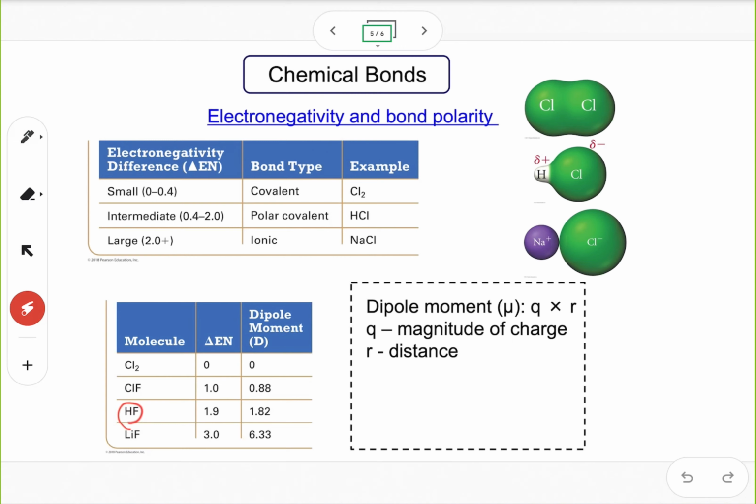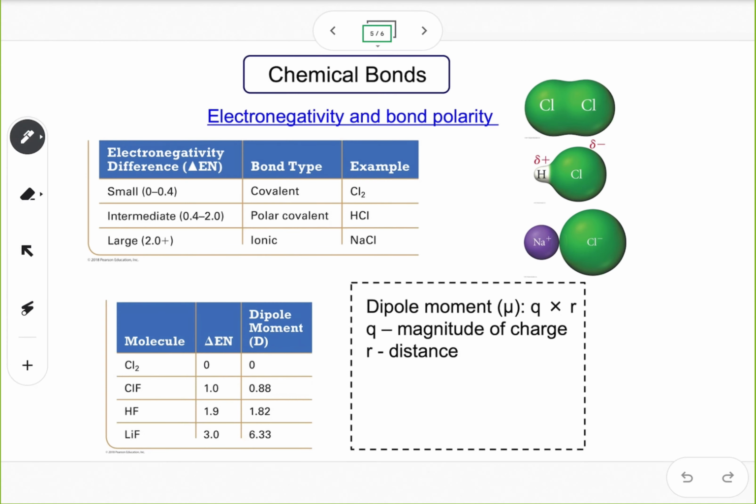So very polar. For the lithium fluoride ionic compound, you can see delta EN is 3.0, larger than 2.0. So the dipole moment is extremely high. Okay, so it looks like the larger the delta EN, the greater the dipole moment is. Okay, so there is a trend.